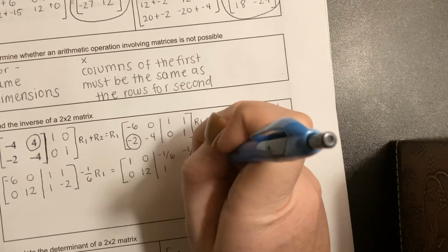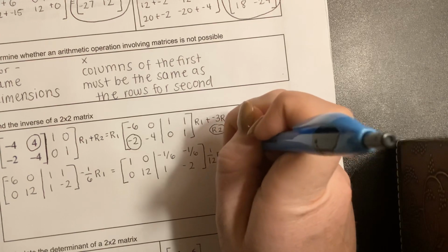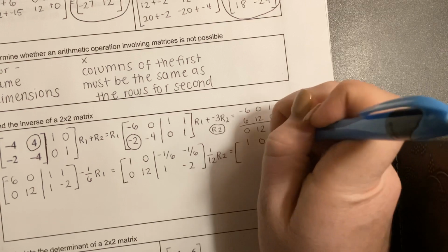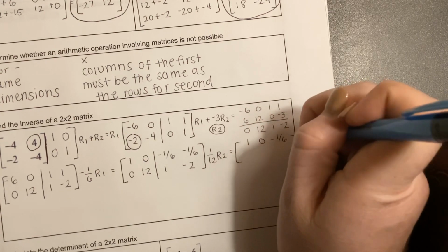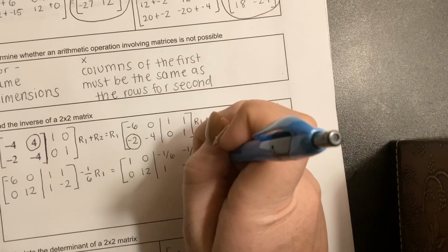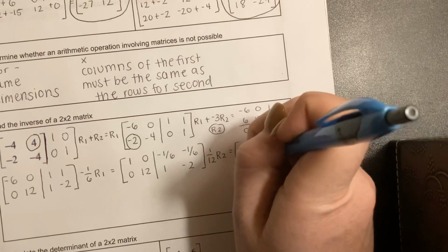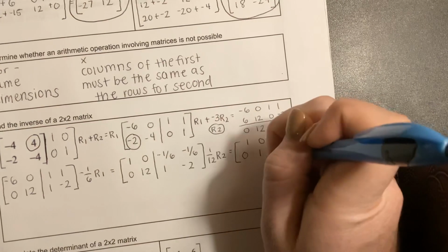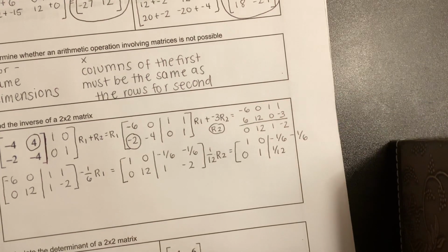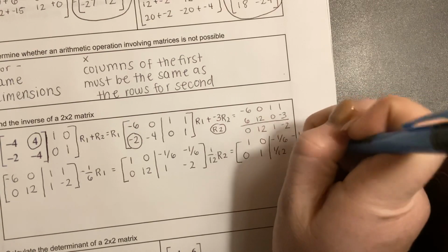So now we're going to multiply R2 by 1/12. 1/12 times 0 is still 0. 1/12 times 12 is 1. 1/12 times 1 is 1/12. And 1/12 times -2, that's going to give you -2 over 12, which is going to reduce to -1/6.